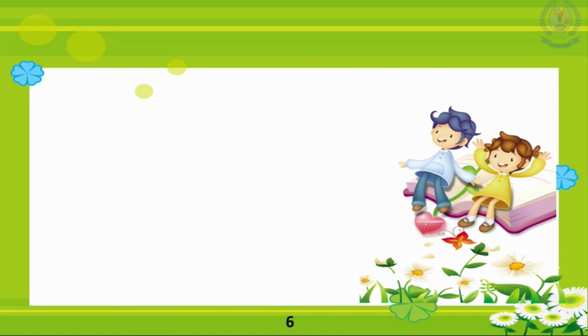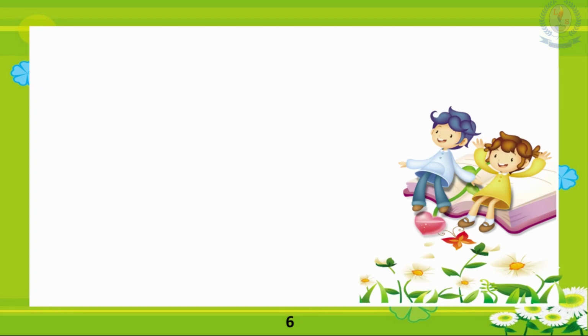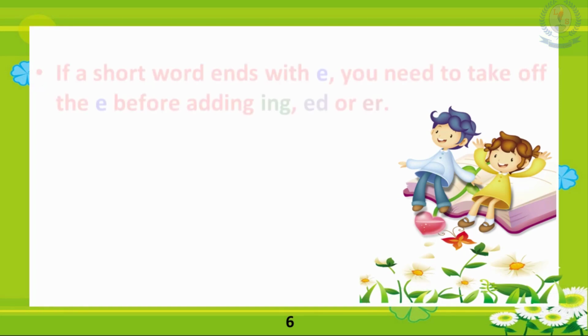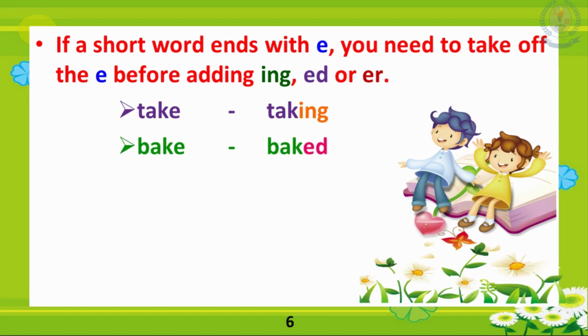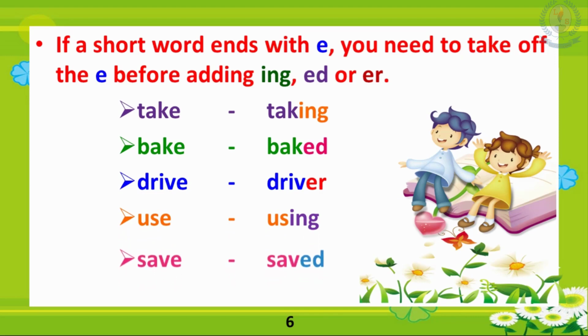Now, let's read the next rule to learn how to add ing, er and ed. If a short word ends with e, you need to take off the e before adding ing, ed or er. Let's go through some examples. Take, taking. Bake, baked. Drive, driver. Use, using. Save, saved.